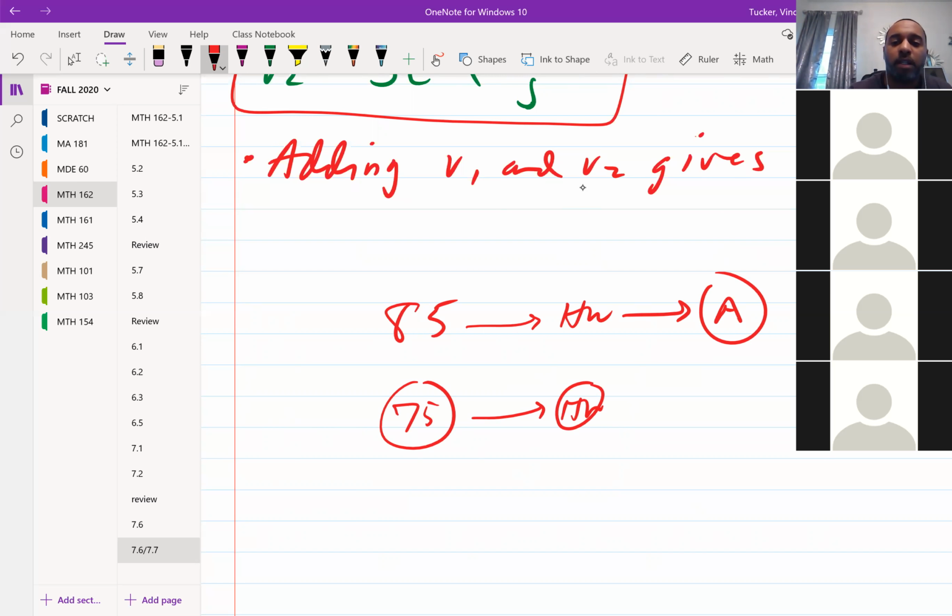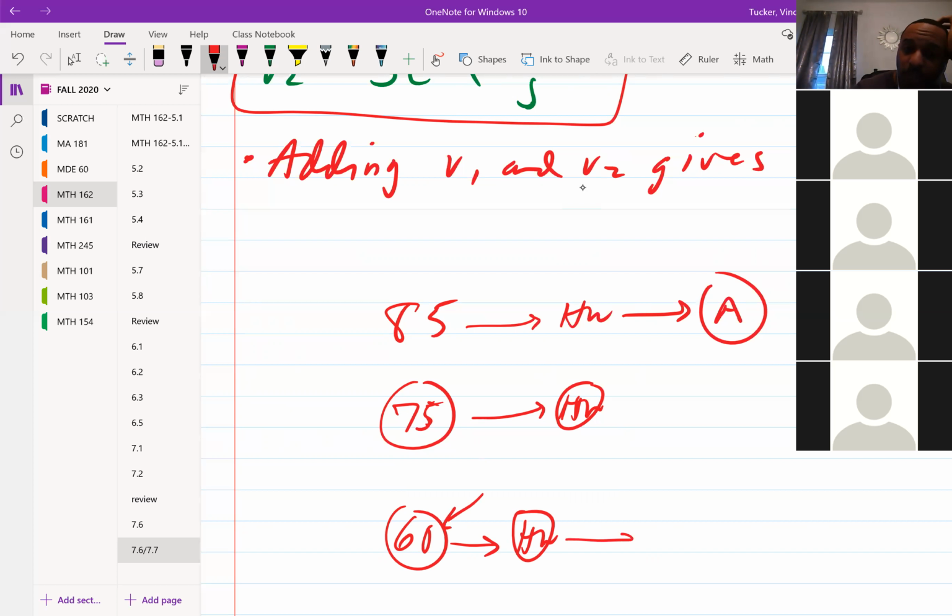As far as passing, the lowest test average you can have is a 60, but you have to do your homework, of course. If your average is 60 on your test, you can still pass the class with a C.